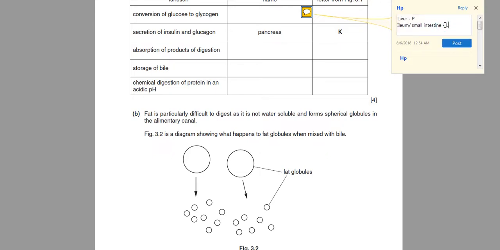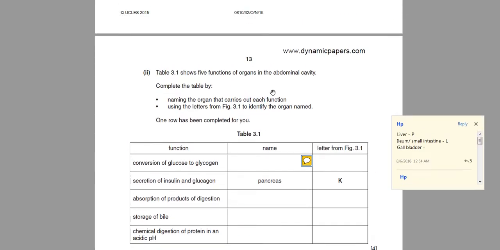After that, the next one is storage of bile. Okay, remember that bile is produced by the liver and stored in the gallbladder. So where does storage happen? Storage happens in the gallbladder. So I'm going to write here gallbladder. Make sure the spellings are correct. And what is the letter that is representing the gallbladder in the diagram?